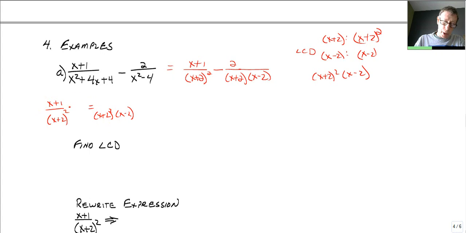So I need to multiply both the numerator and the denominator by x minus 2. So that's my term. The second term, which is 2 all over x plus 2, x minus 2.